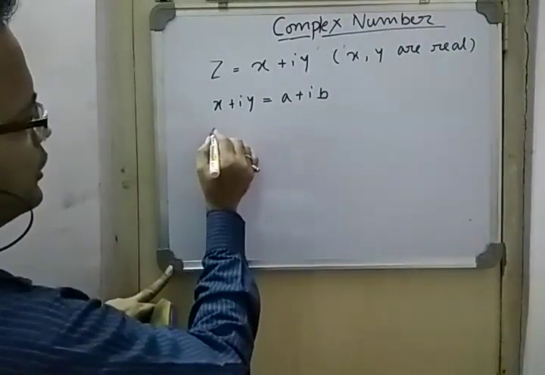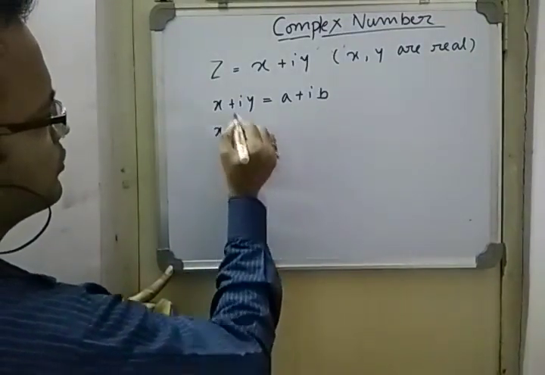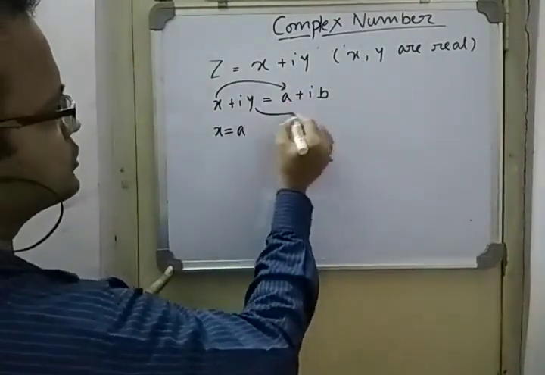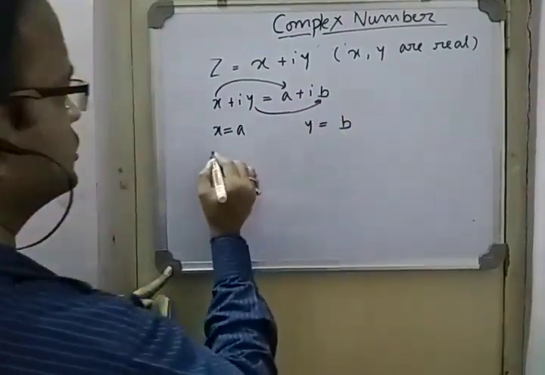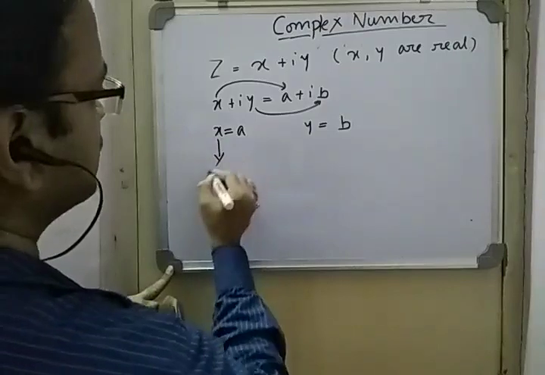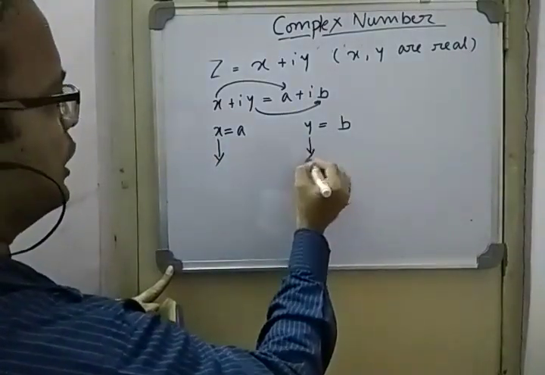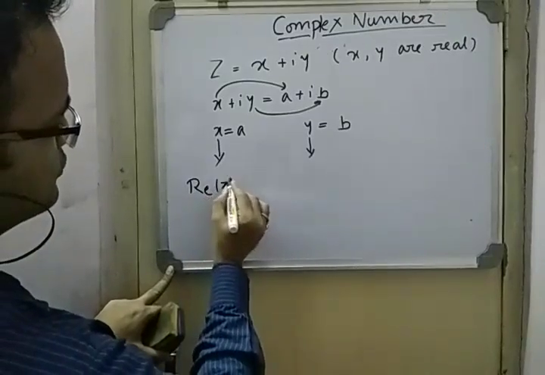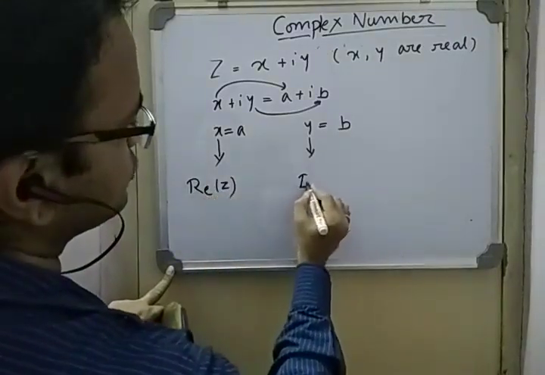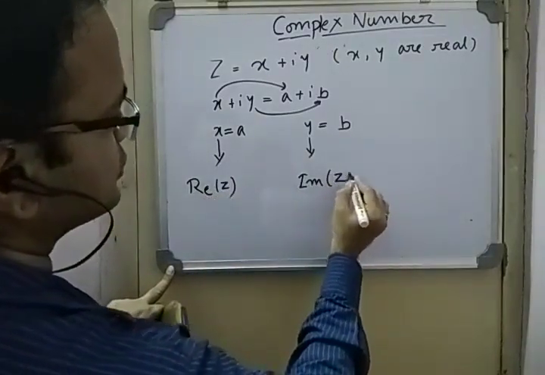Then it is always real part equal to real part and imaginary part equal to imaginary part. Okay, it is always true. This is one property of complex numbers, and this x is called the real part of z. This is called the imaginary part of z. Okay.